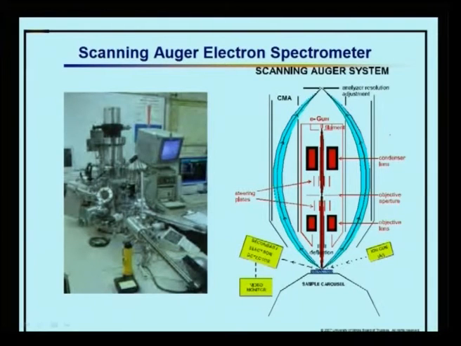The last technique which is useful, which I am going to discuss, is the scanning Auger electron microscope, or spectroscope. You can actually scan the surface and do that. What you do is basically you can use the same technology as used in the SEM, and your beam, the electron beam which is coming and falling on the sample surface, can be allowed to raster on the sample surface, or can be allowed to basically scan the sample surface.